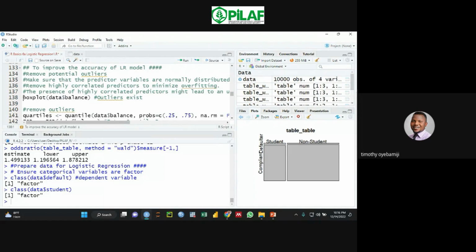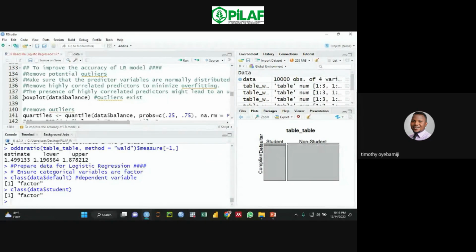But I would like to stress these outliers, because outliers can distort results. One outlier or two, depending on how large the data set is, or more, can distort the results. If you remember, the box plot is a very wonderful way of visualizing your continuous variables.